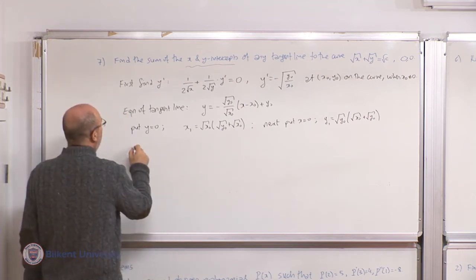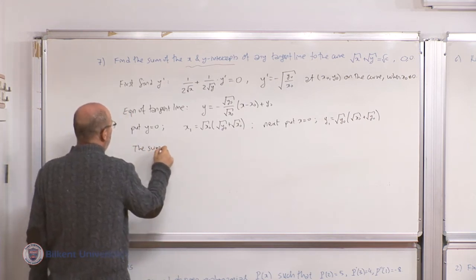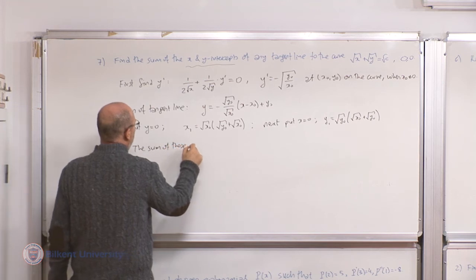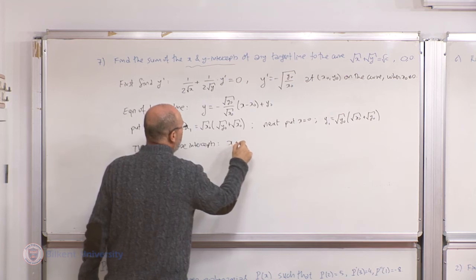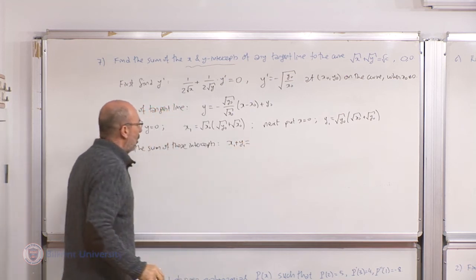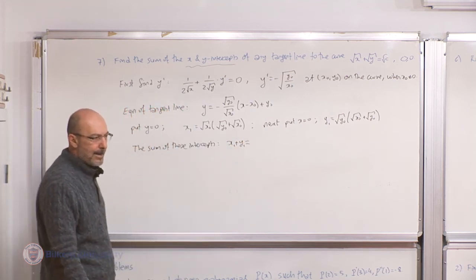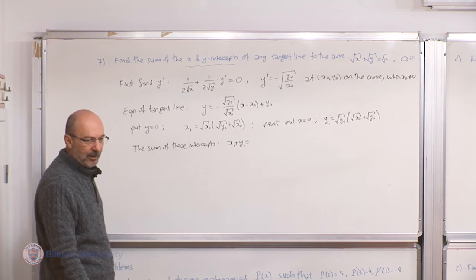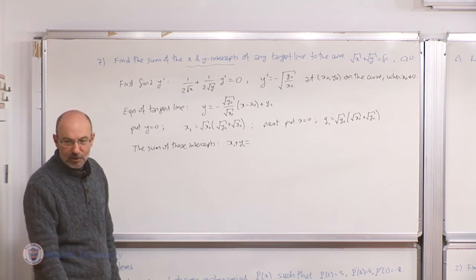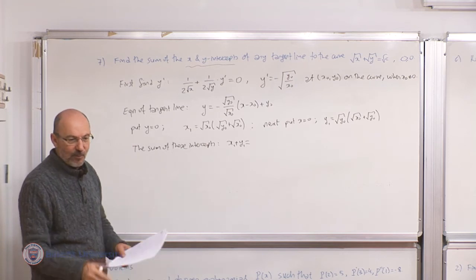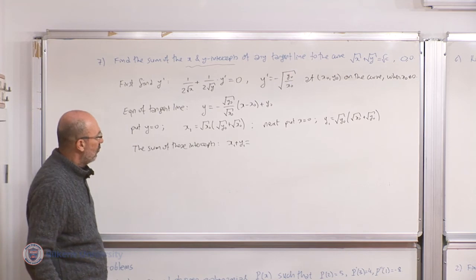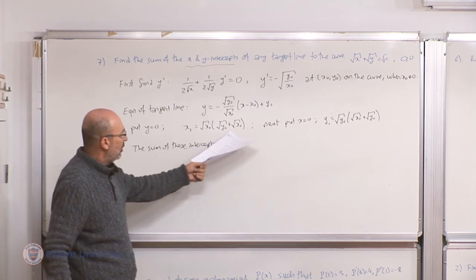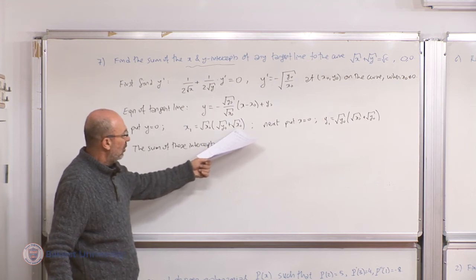So the sum of these intercepts, x1 plus y1. What do you get? You add these two things. What is the value of this on the curve?